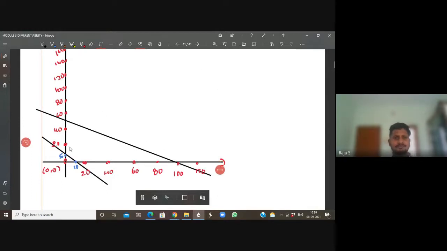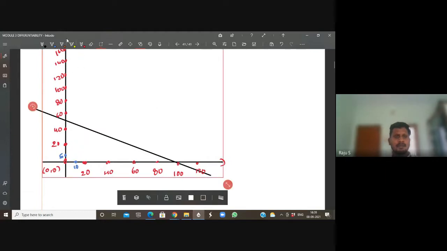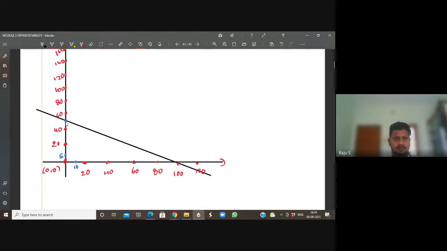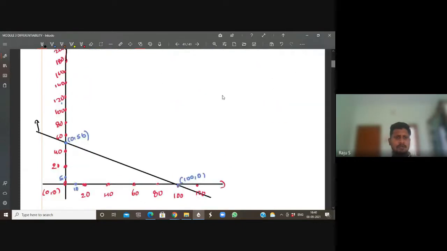Correct? Fine. This is 0 comma 50 and 100 comma 0. So what is the line equation here? X plus 2y is equal to 100.